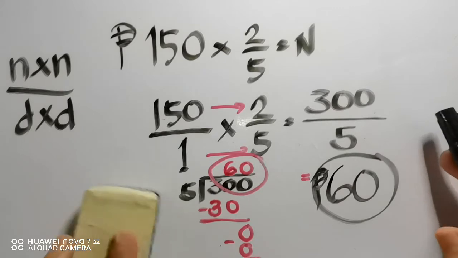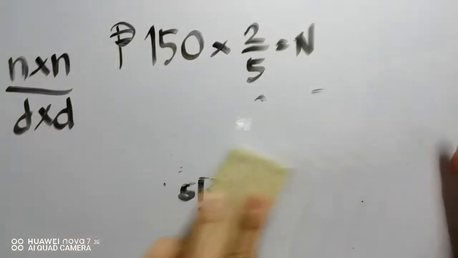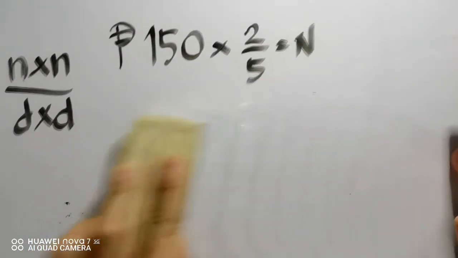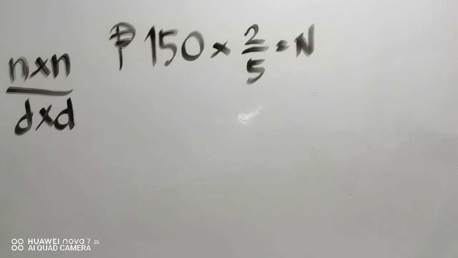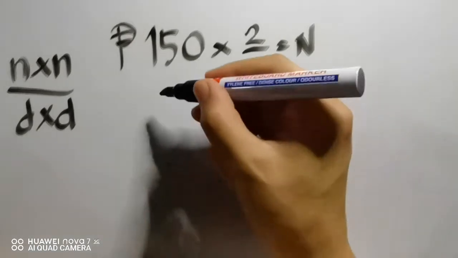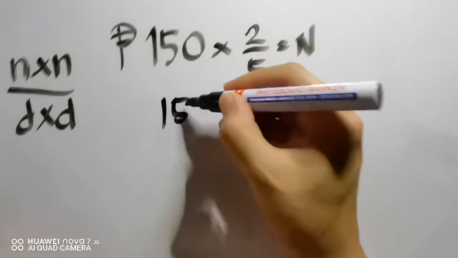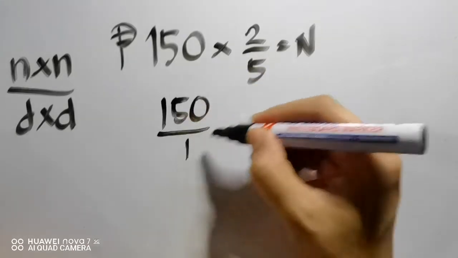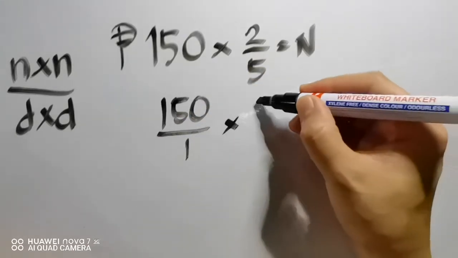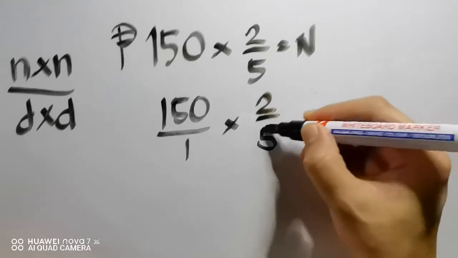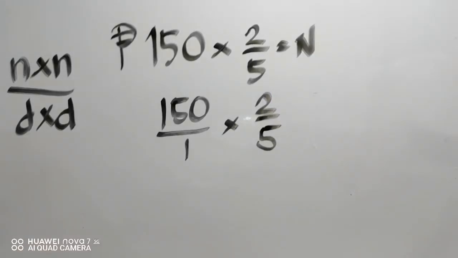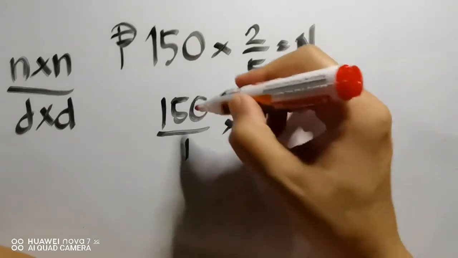Ano ba yun? Ganito. Okay? Same process. Pero meron lang konting technique na gagawin. Okay? So, ganun pa din. 150 over 1 times 2 over 5. This time, gagamit tayo ng GCF, ang greatest common factor. Pero papaano?